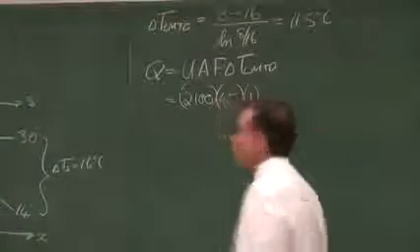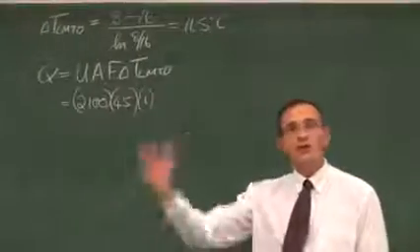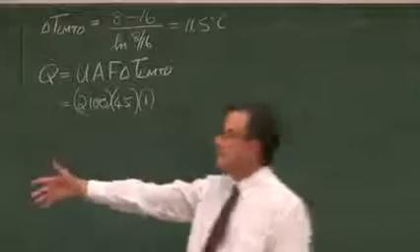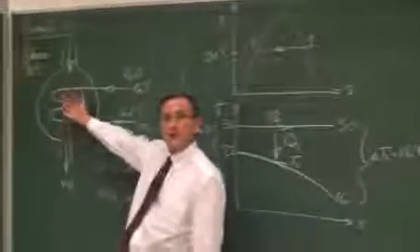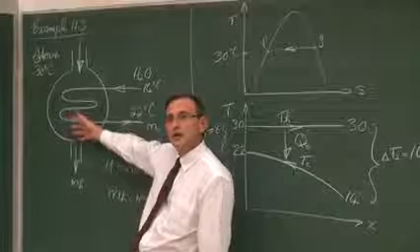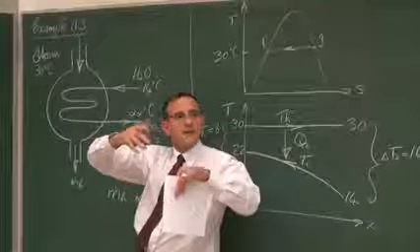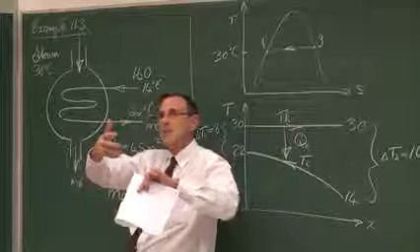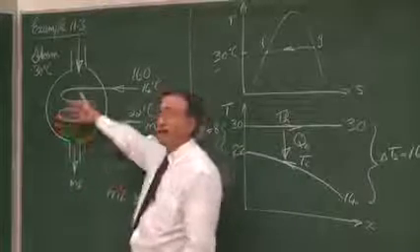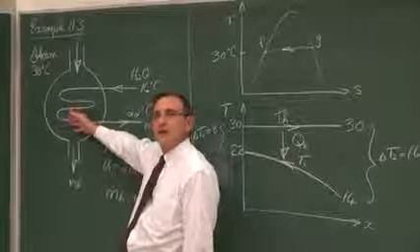Why? Because we've got condensation. Okay. If we've got a heat exchanger which is not a parallel flow or a counter flow, we have to use the tables in terms of the F values and the R values and the P values to determine the correction factor.